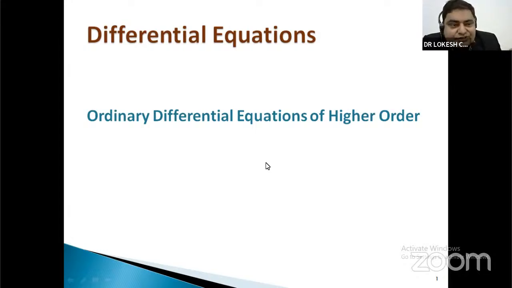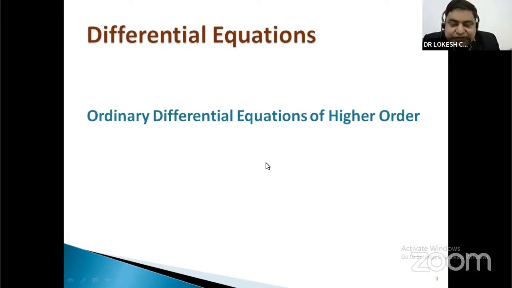But if the unknown function has more than one independent variable, then we call it a partial differential equation, which comes up in many problems. So in the starting there are two classifications: ordinary differential equation and partial differential equation.